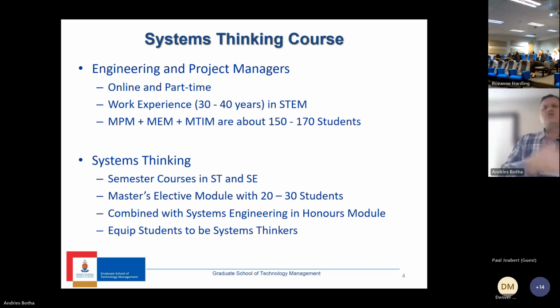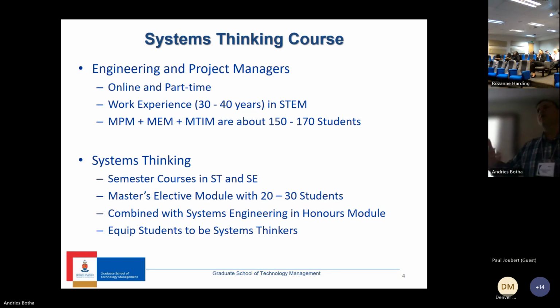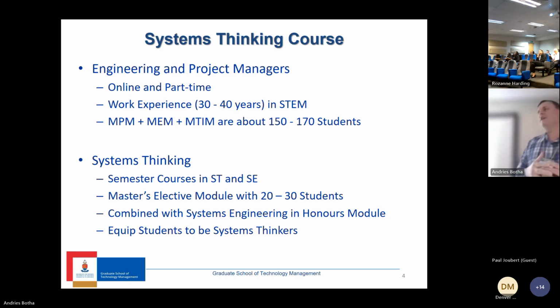The Masters in Engineering Management can be compared to an MBA for engineers, where we have a number of modules in management sciences, as well as some high-level engineering sciences. The school gets between 150 and 170 students annually.